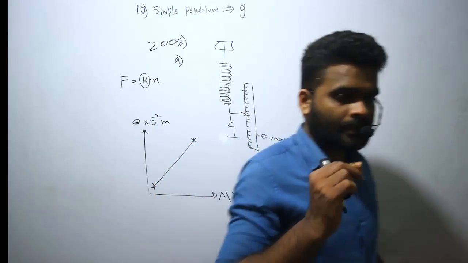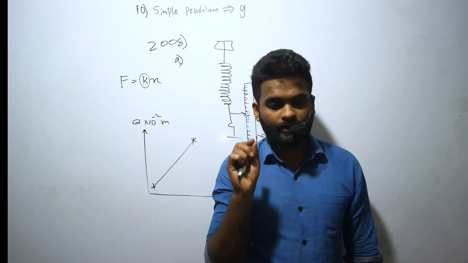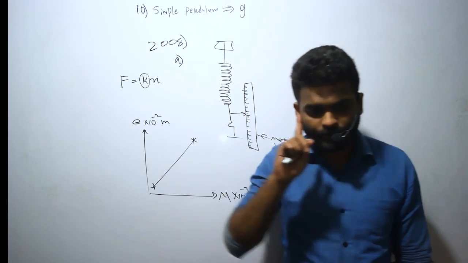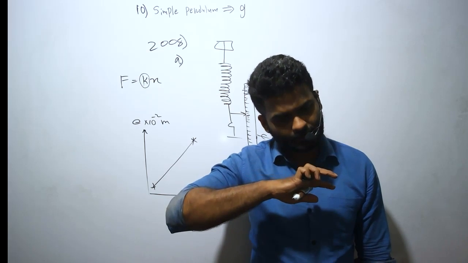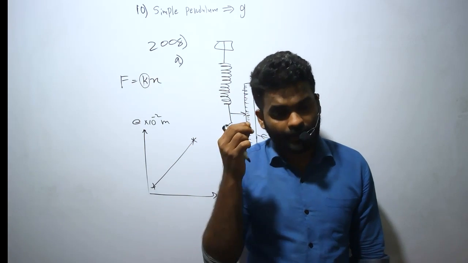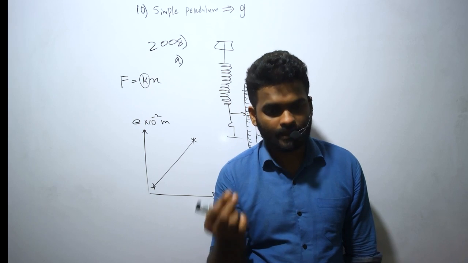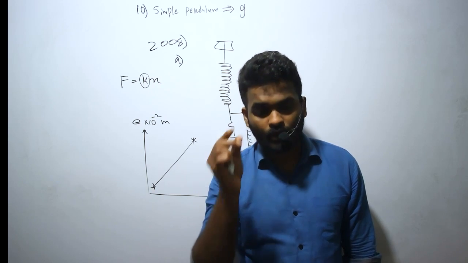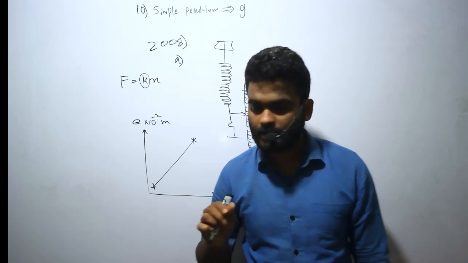So listen now, this is important. I don't know whether you know this or not. When you get a graph, I didn't explain this. This is applicable for all the graphs, for all the experiments. When you are calculating the gradient of a graph, you have to get two xy coordinates, right?